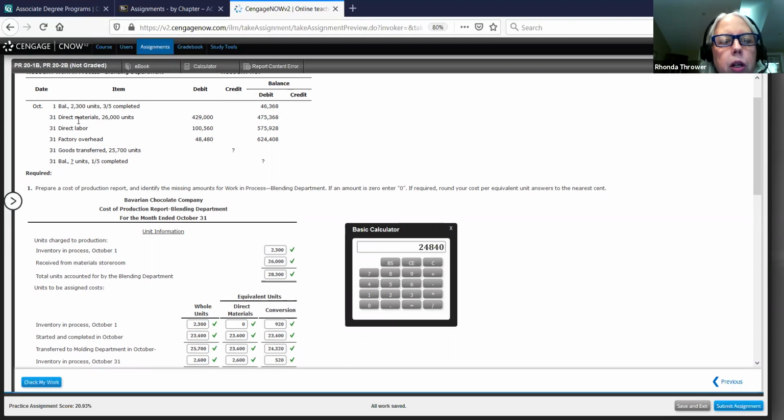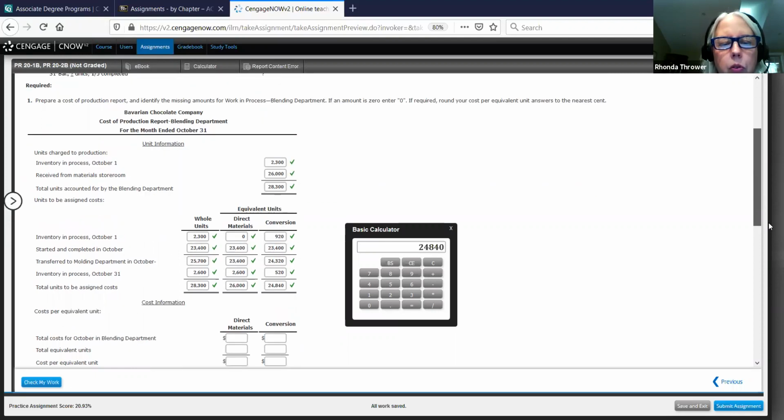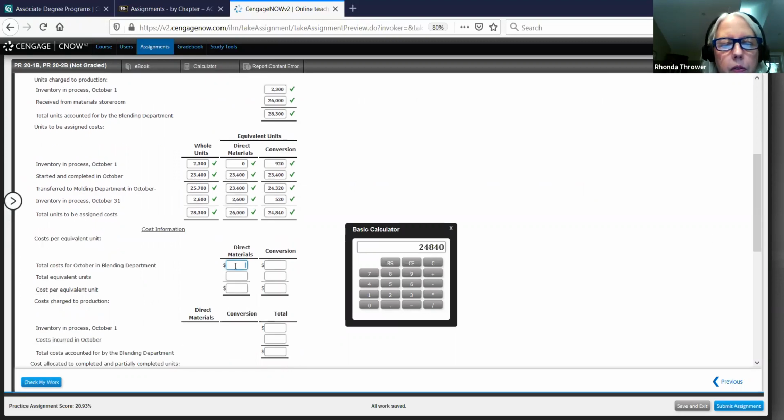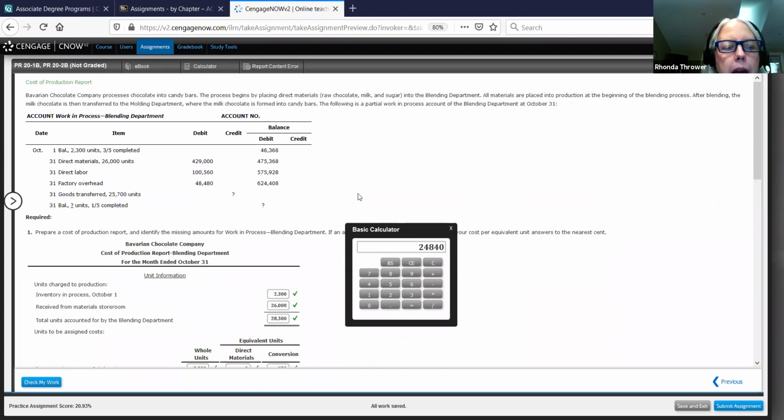The direct materials that we added during this period of time was $429,000. This is a given amount. The cost for your materials that were added during this month are $429,000.